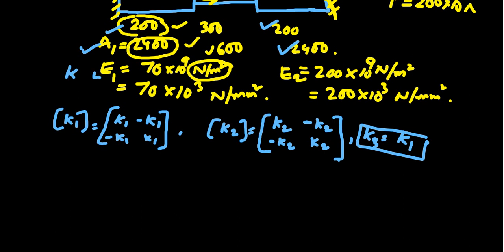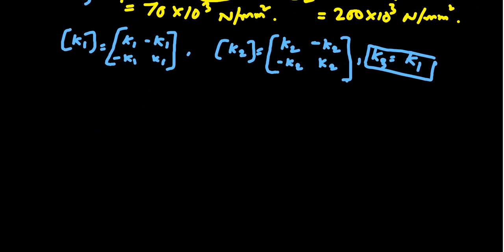Because it's not mentioned in the question, we can take E1 equal to E3, or sometimes it will be mentioned in the question itself. Because only E1 and E2 are mentioned, I can take E1 equal to E3. After that we will calculate the value of k.